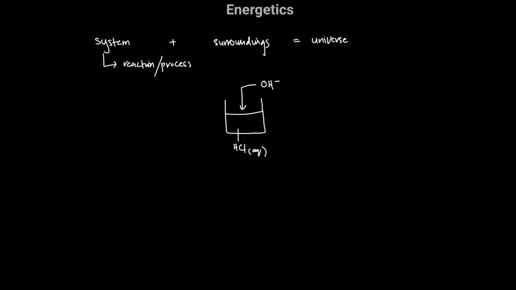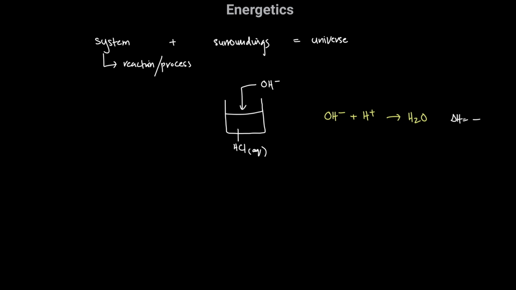If I'm adding something like sodium hydroxide, I'll have a neutralization reaction taking place between the alkali and the acid. This is the ionic equation for the neutralization. This reaction is exothermic. It releases heat; we'll talk about that. Essentially it gives out heat to the surroundings.